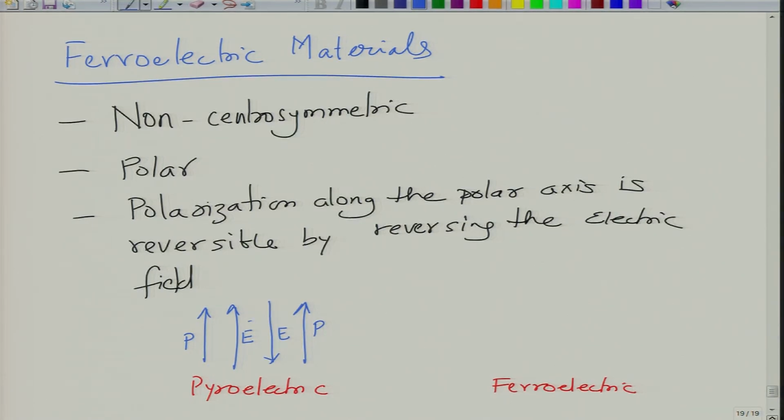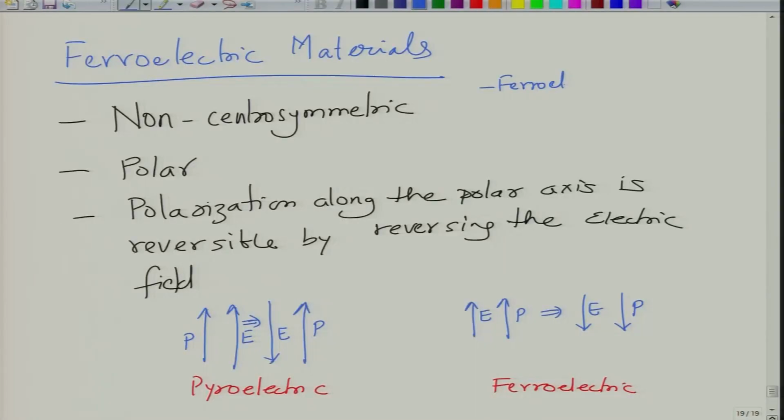So when you change the electric field direction, the polarization direction does not change. In the ferroelectric crystal, when you apply an electric field in this direction, your polarization is in this direction, and when you reverse the direction of the electric field, the polarization also reverses. The polarization is reversible by reversing the direction of the electric field. This is what makes it a ferroelectric.